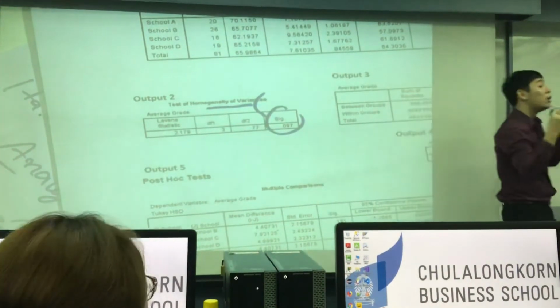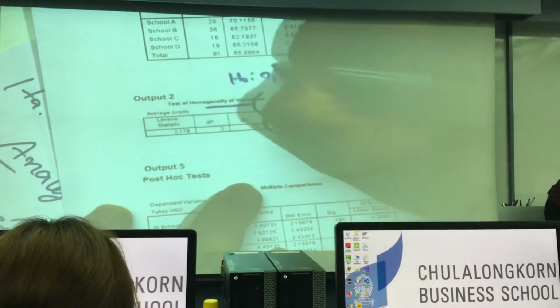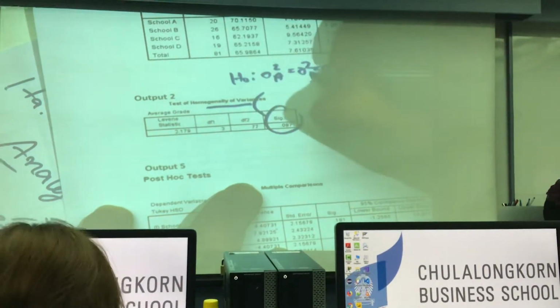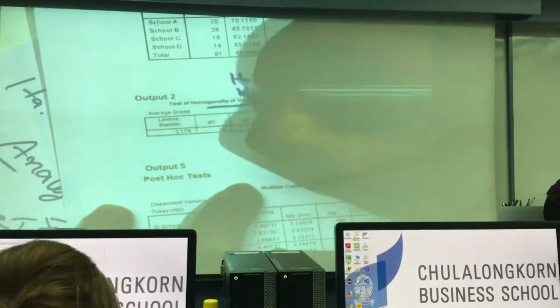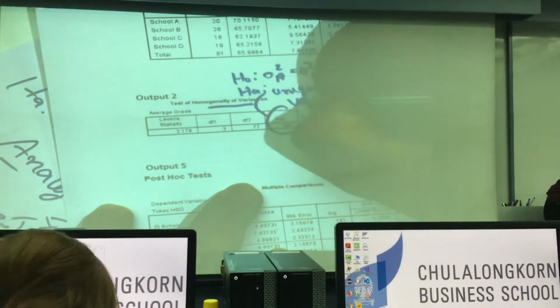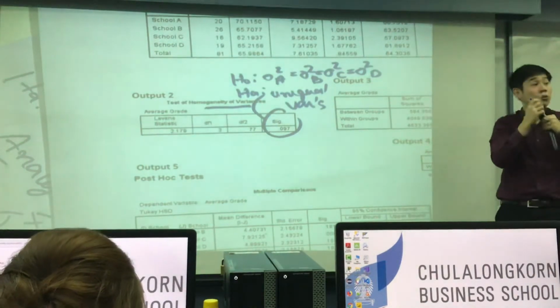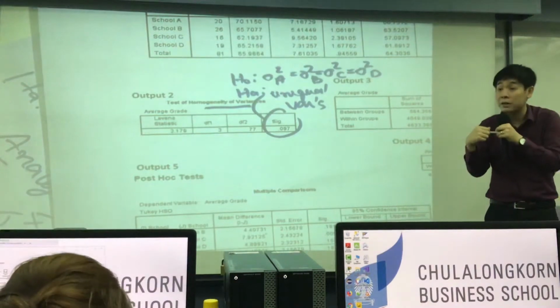So equal variance goes on H0. And this one is just unequal variance. You see, it's similar to the two-sample t-test. There is a part that helps you check if the variances are the same.